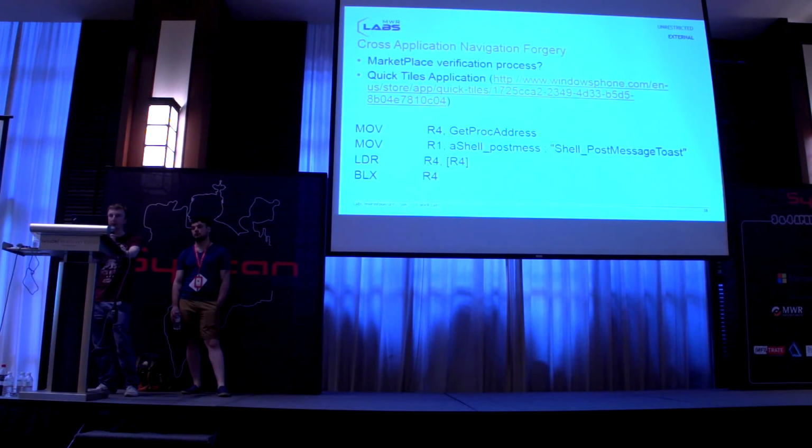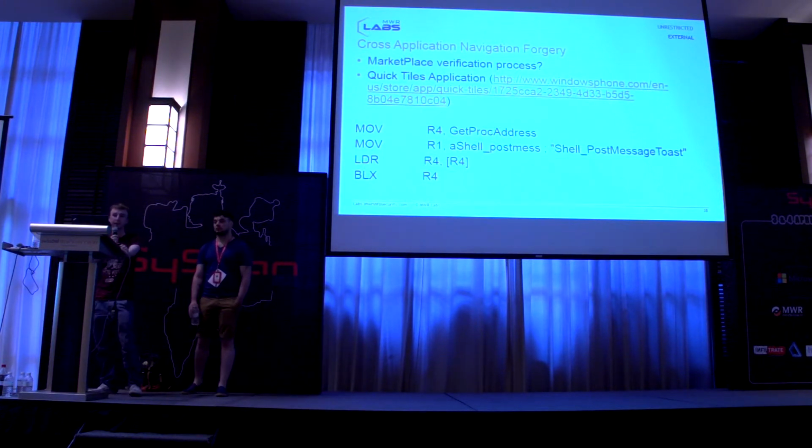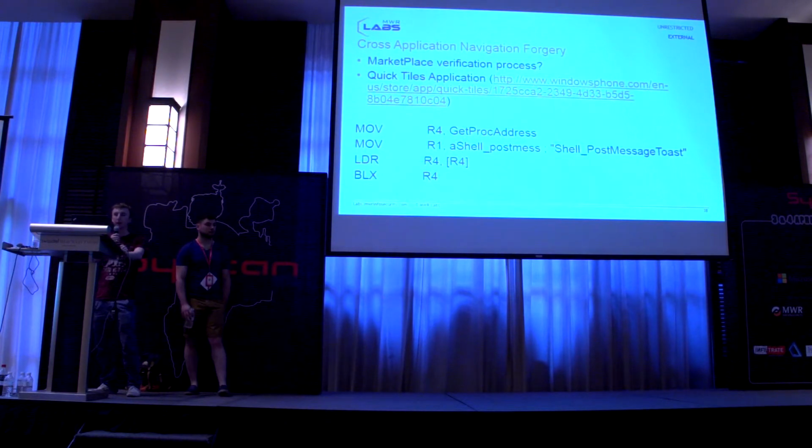I found one application which was using this called QuickTells. This application doesn't use it in a malicious way, but it just shows that the marketplace validation isn't as good as it could be, and that there are still gaps where an attacker could potentially get code on the marketplace.